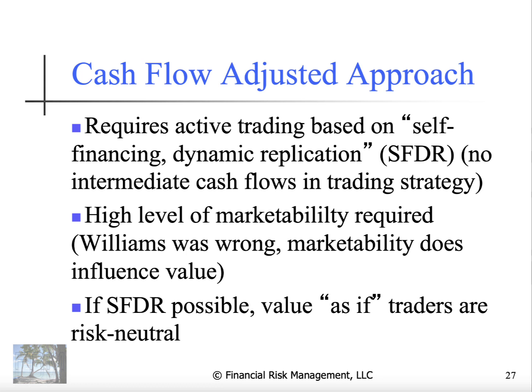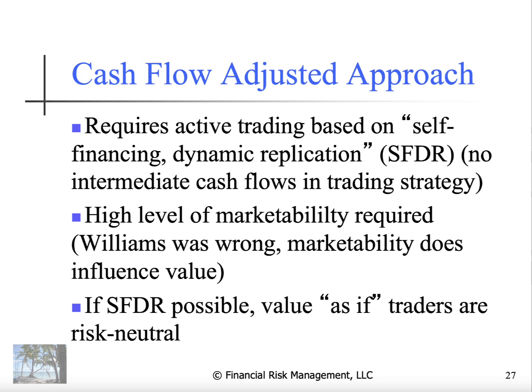John Burr Williams, who posited the discount factor adjusted approach, assumed that marketability doesn't influence value, and he was clearly wrong, that we now know. If it turns out mathematically that self-financing dynamic replication is possible, then we can value as if traders are risk neutral.